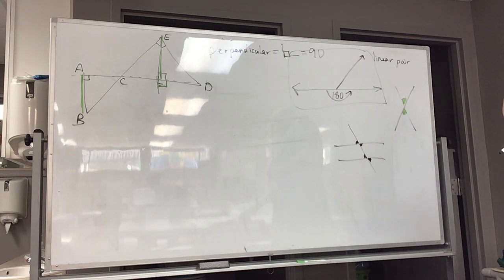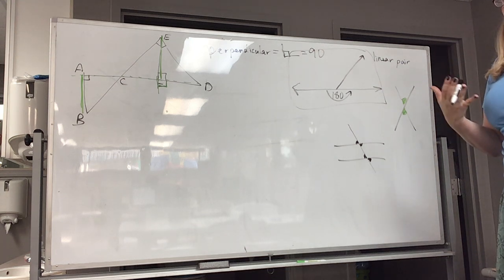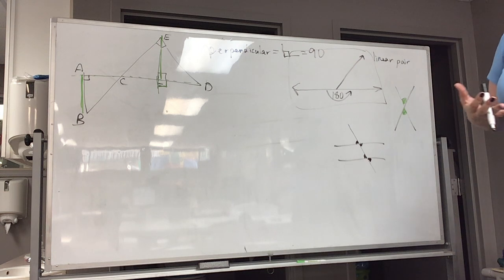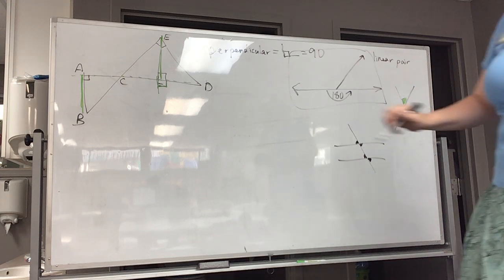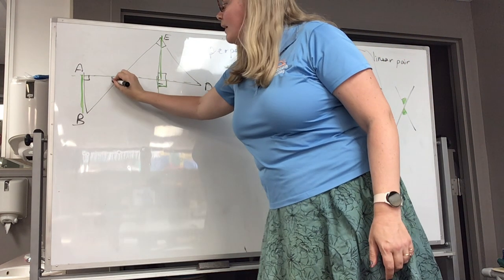ACB is congruent to FCE. And so that one, there's a lot of letters going on. ACB is, we're talking about this angle right here.